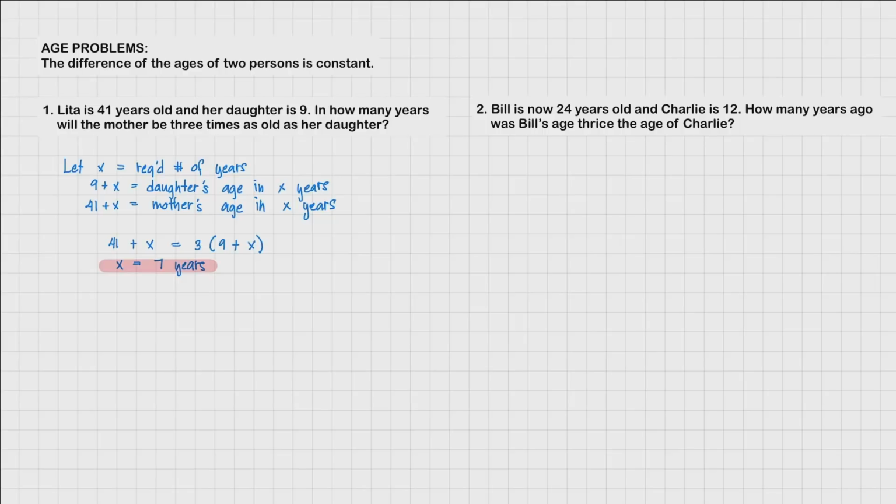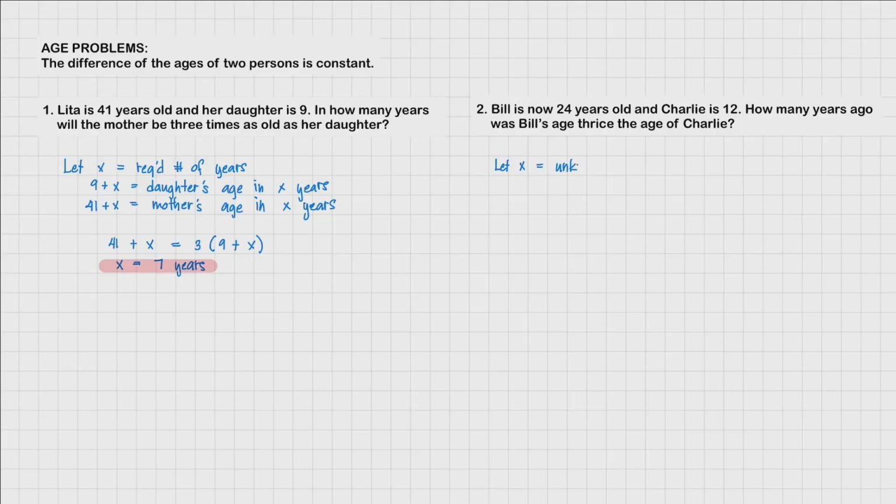Alright, so our second problem. Bill is now 24 years old and Charlie is 12. Now, how many years ago was Bill's age twice the age of Charlie? Right, so to solve this problem, we're going to let x be the unknown number of years ago.